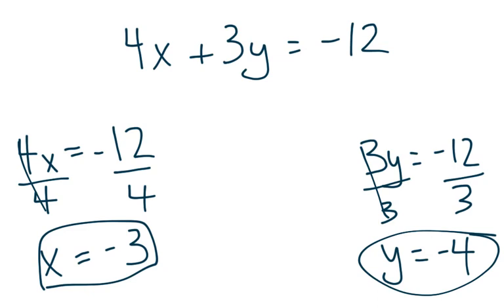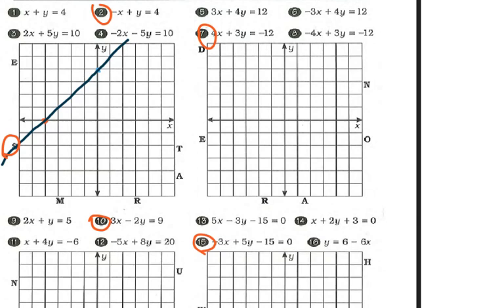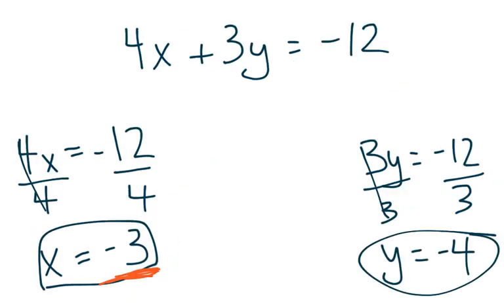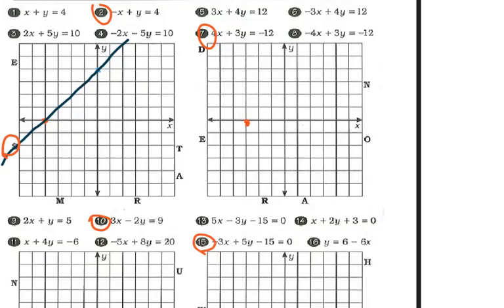So the x-intercept is negative 3. So that would be 1, 2, 3, right there. And the y-intercept is negative 4. So that's going to be 1, 2, 3, 4. So that's that one.